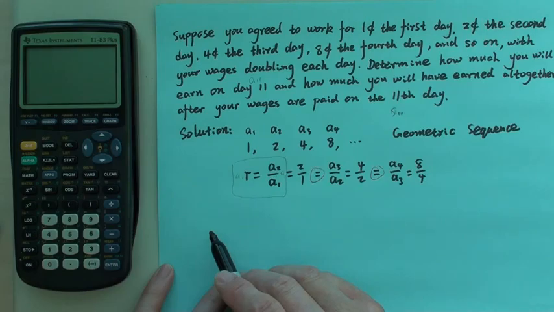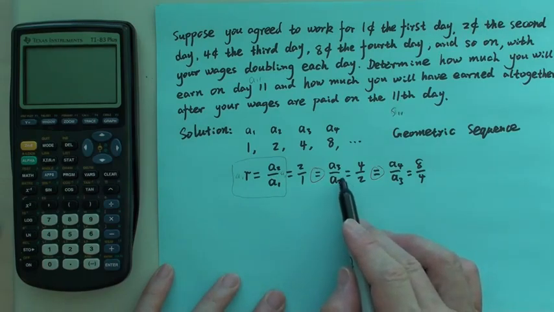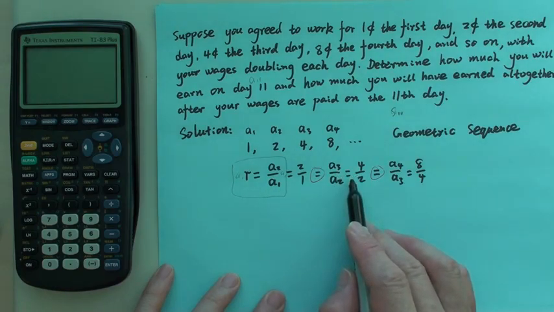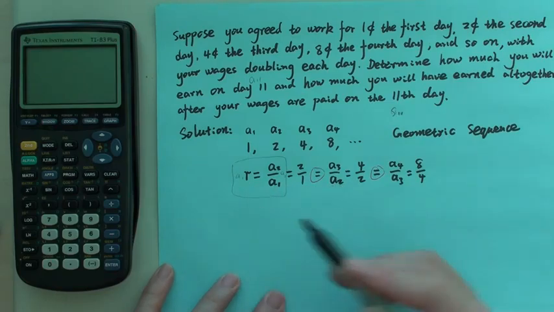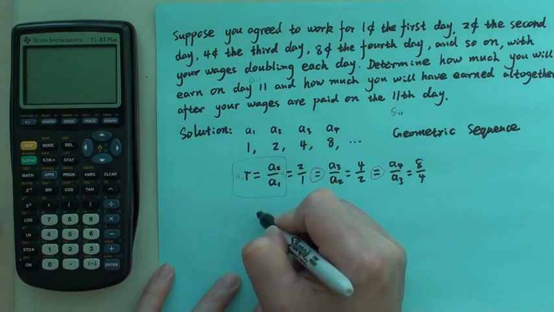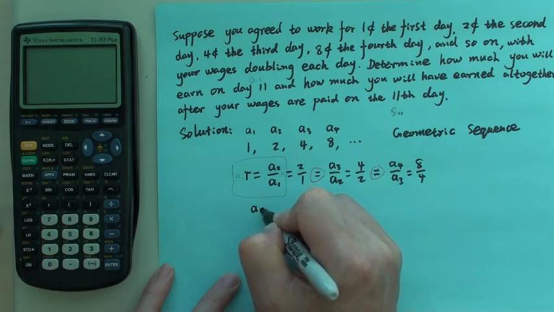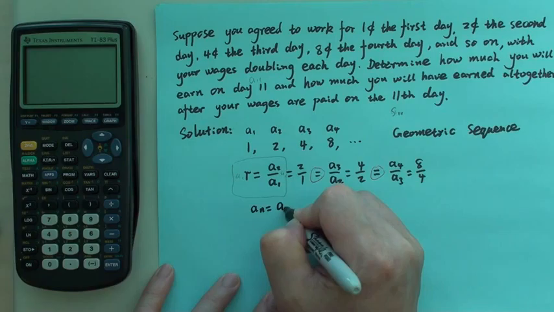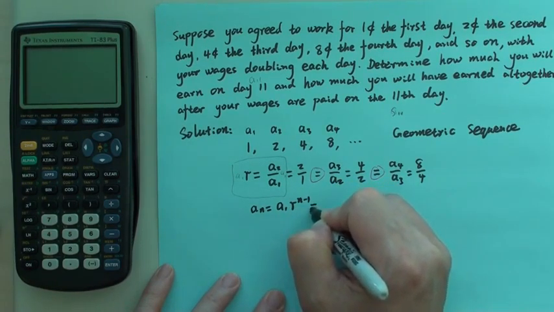Similarly, A3 equals A2 times r. So the general formula will be An equals A1 r to the n minus 1.